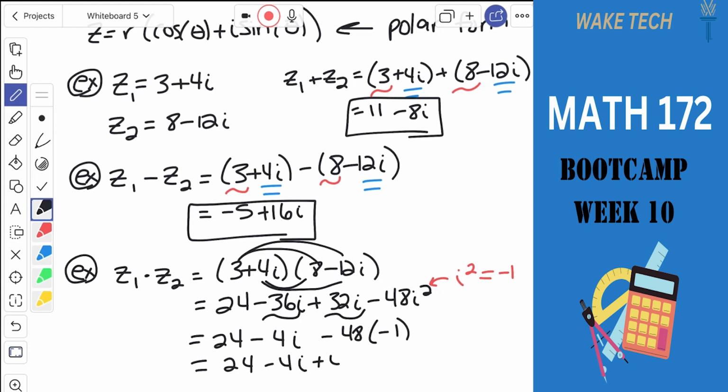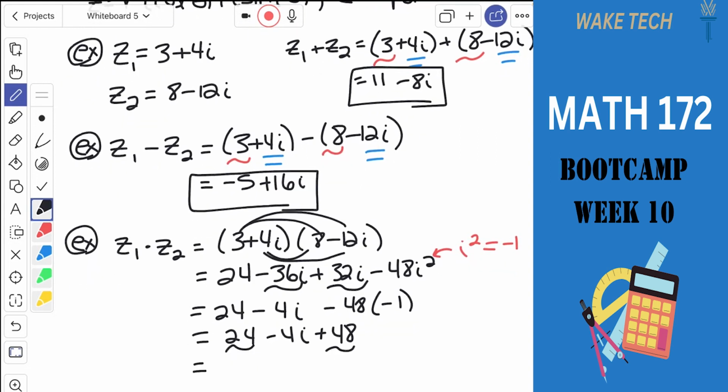And 48 plus 24, we can combine those to get 72. So a fair bit more work to simplify multiplication than just adding or subtracting. But at the end of the day, the essence of what we're doing is foiling, which is something that you have at least done a lot in the past as well, I'm sure.